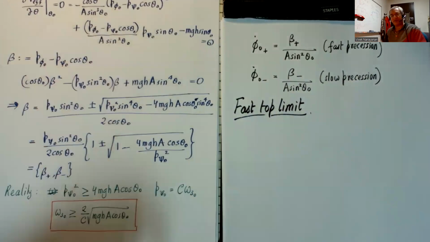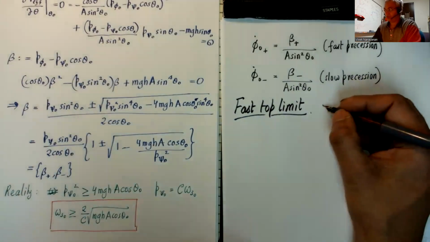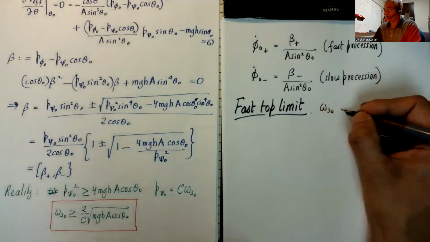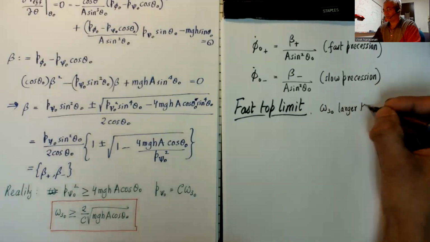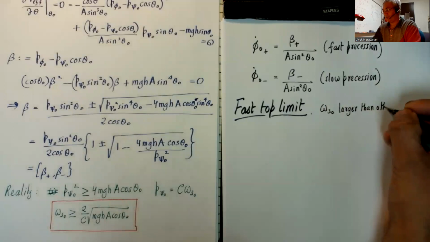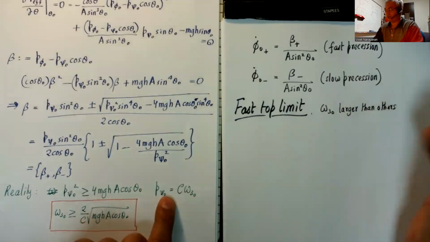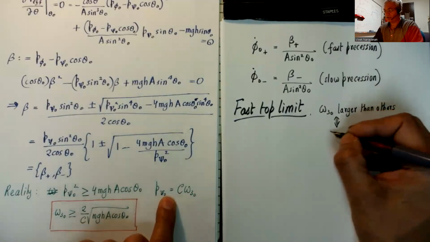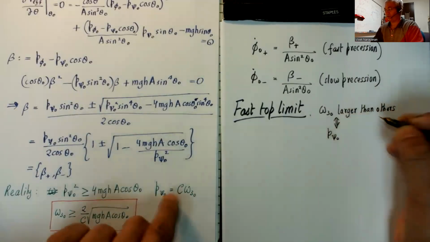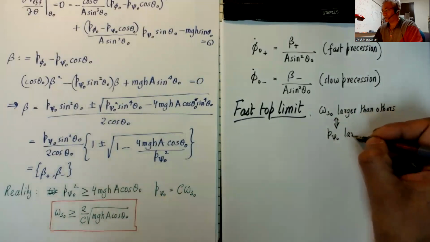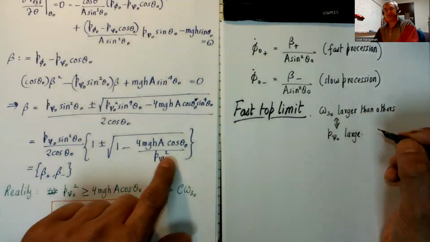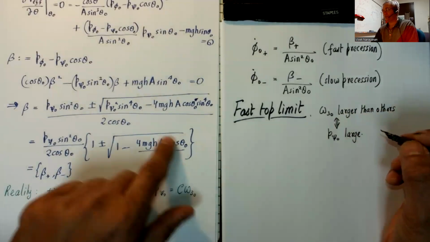So let's assume you're giving the top a really good spin and it's not wobbling and falling down. So this means that omega 3 naught is larger than the others. And if omega 3 naught is larger than the others, it automatically means that p psi naught is also larger. Now, if p psi naught is large, I can simply get rid of this term.